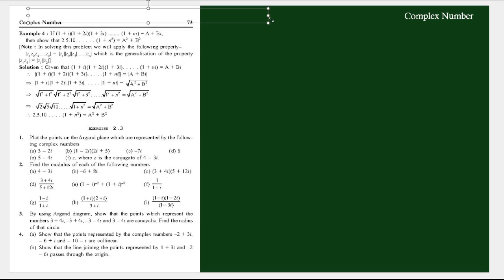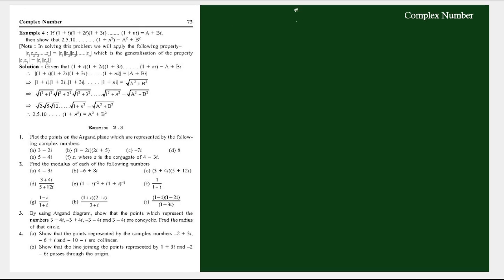So exercise 2.3, question number 2. Let's try to do number A: 4 minus 3i. So let's say this is z.